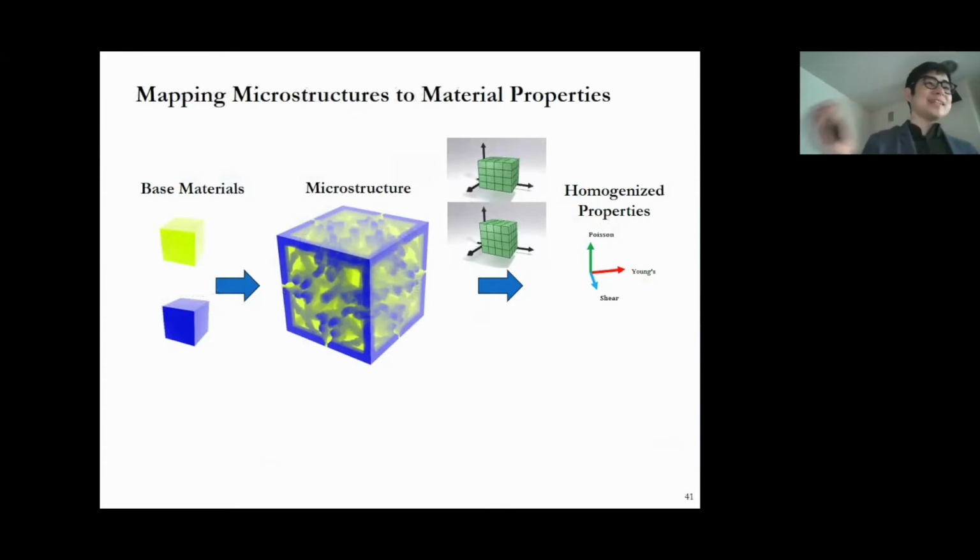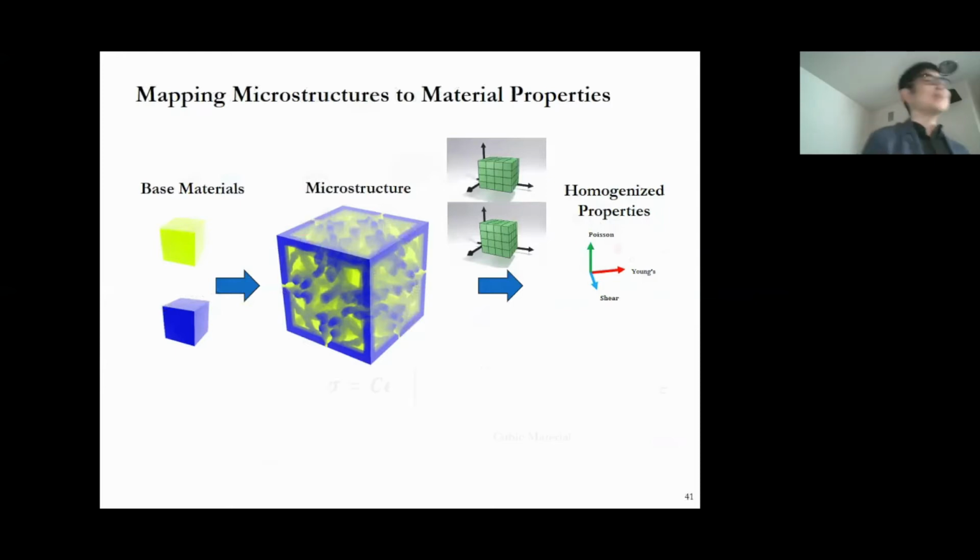And if you combine this very stiff material and very soft material together in a cube, and if you repeat this cube for a large number of times, then you will get some material that exhibits properties very different from either of these materials. It could be in between, or it could be outside the range of these 2 materials.